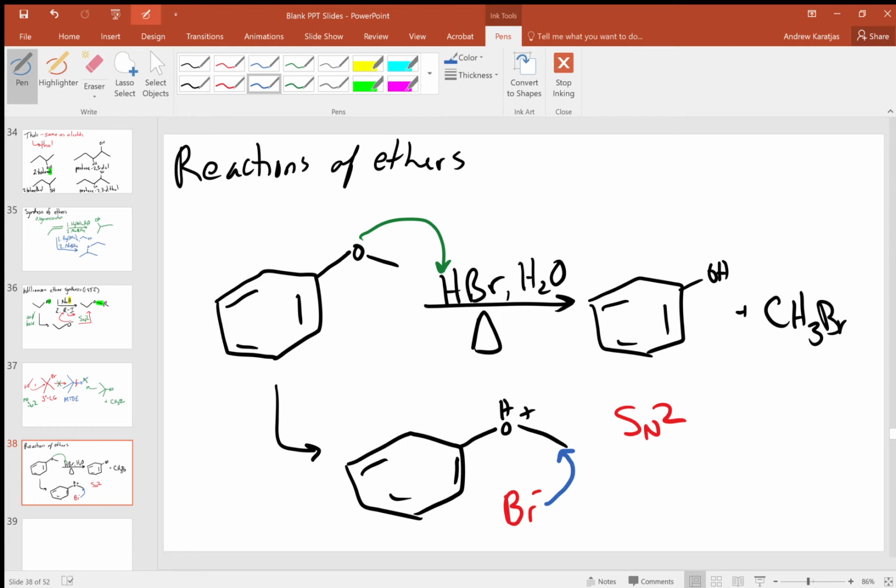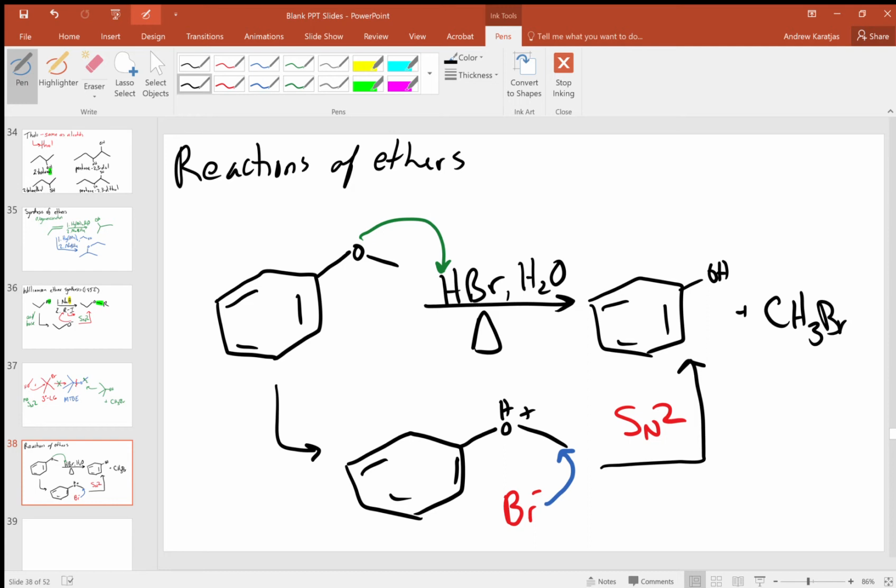The primary side is significantly less substituted, and so our nucleophilic attack happens that way. We kick out the alcohol and get our products. And again, this is one of those reactions that is used in some very specific situations, but generally isn't that useful because the conditions are so harsh.